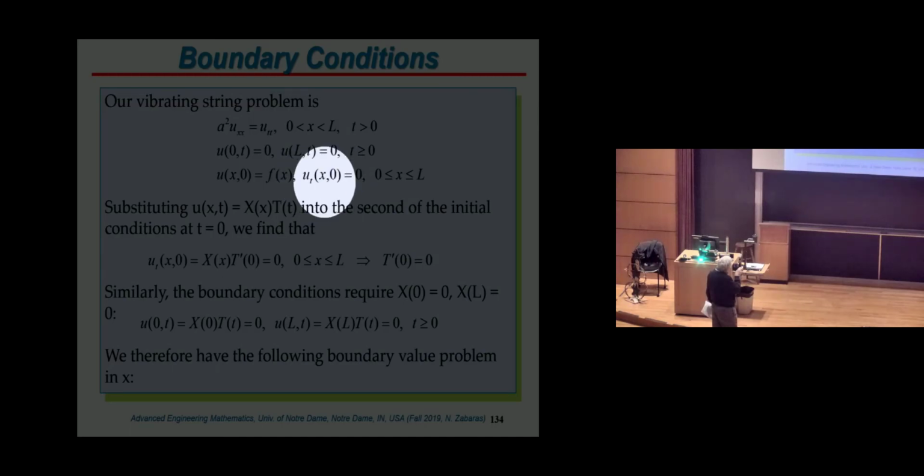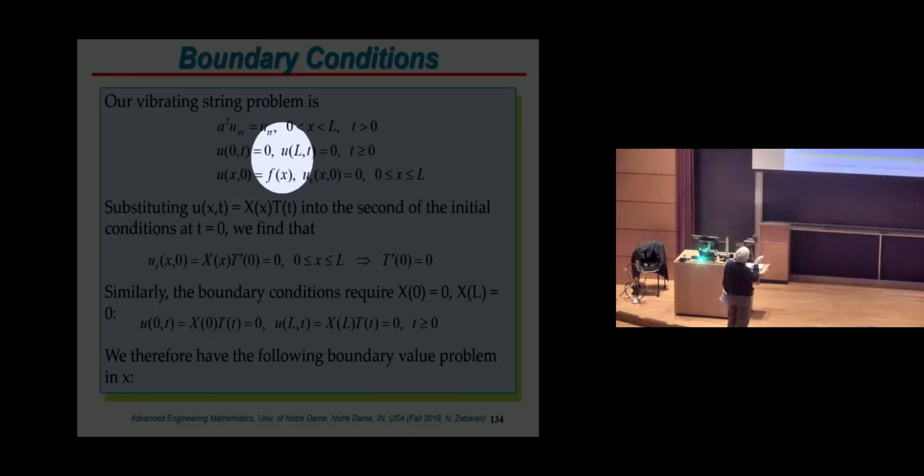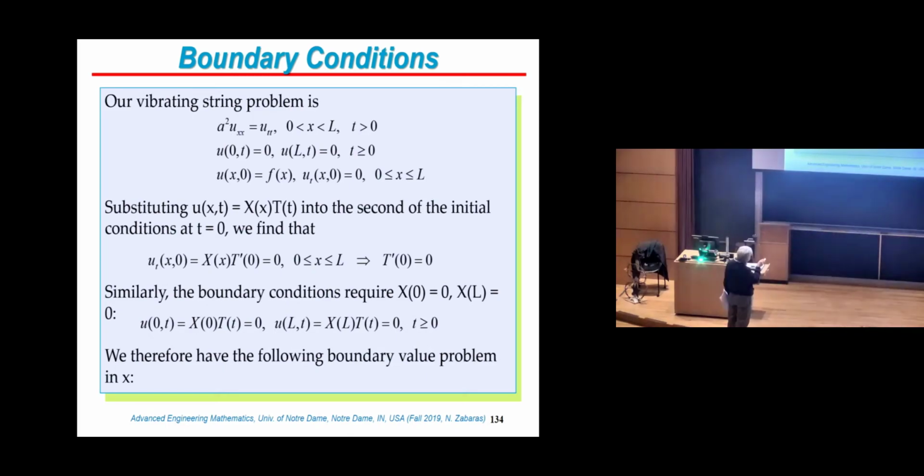I mentioned before the non-zero velocity, but it's actually the initial velocity that is 0. So when we finish this, we're going to have to satisfy the initial displacement of the string that is equal to f of x, okay? All right, so we need to take care of that 0 velocity for capital T.